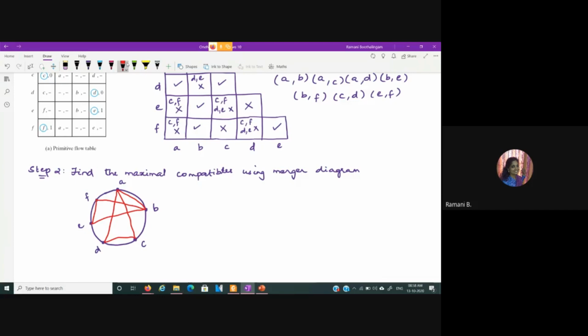So this is the merger diagram for this particular example.